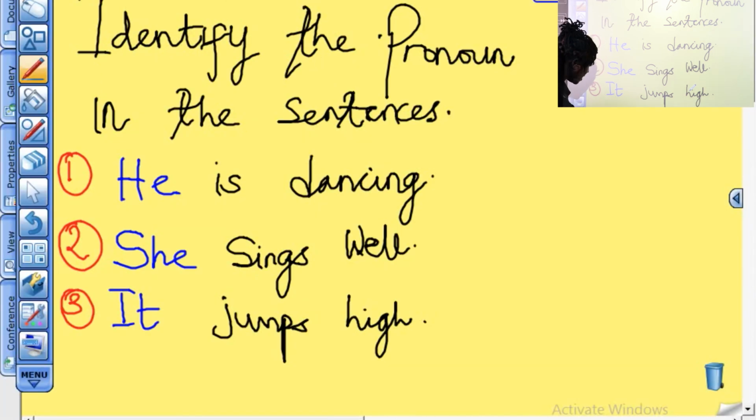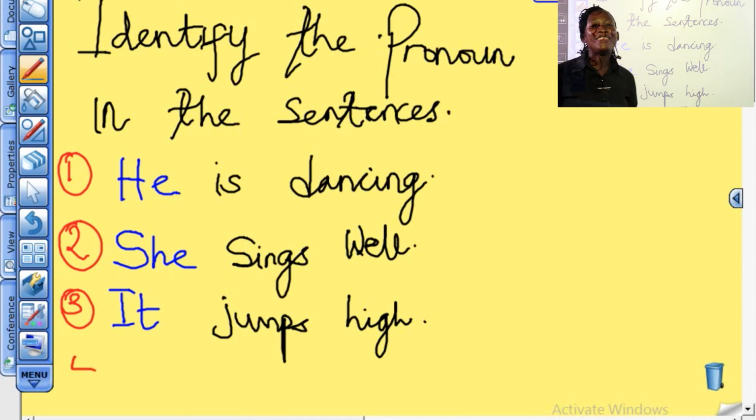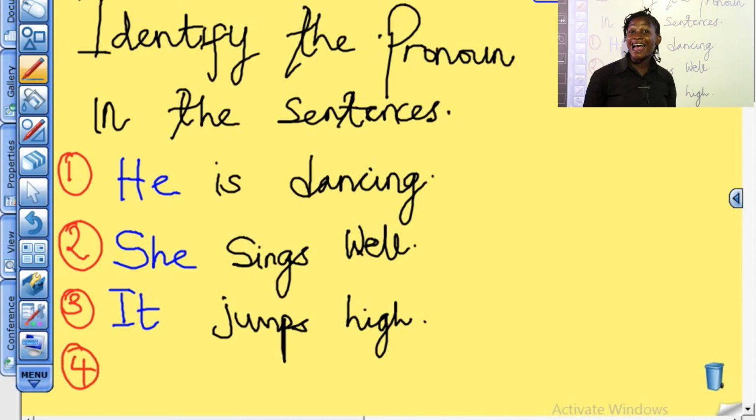The fourth one we have, they play together.